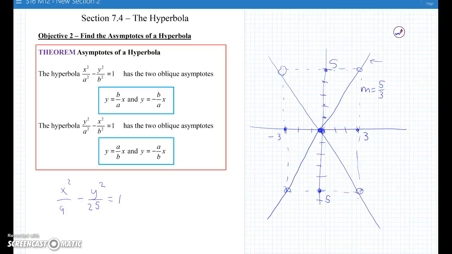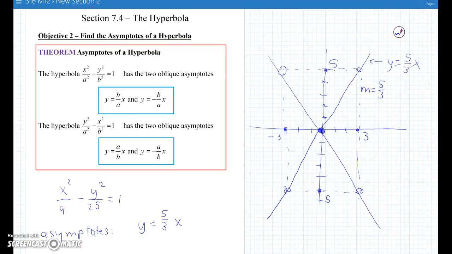So the equation of that line, so we write asymptotes by writing the equation of the line, it's y equals 5/3 x, because the y-intercept is 0 at the origin. So that's the slope of the line with the positive slope, y equals 5/3 x.